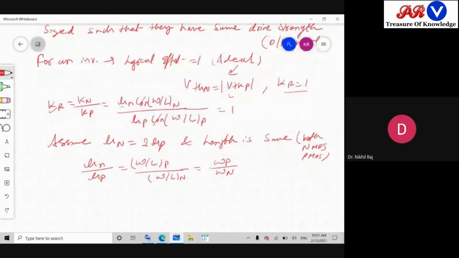Here it will come 2, and it will be WP by WN. So from here we deduce that the width of the PMOS should be twice the width of the NMOS. If mobility holds this relation, and we are making our inverter the lowest minimum size, then we have to maintain this dimension ratio.